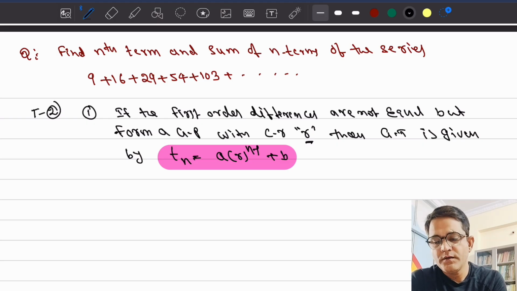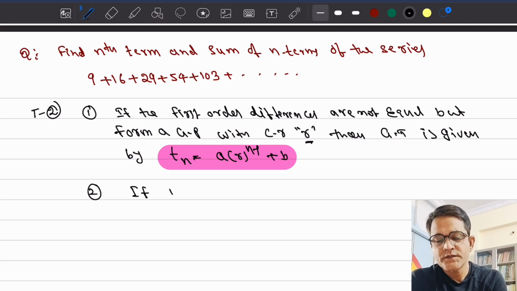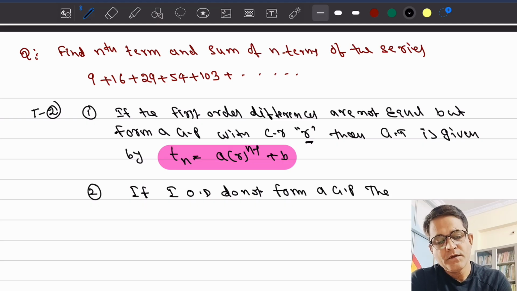Next, second point. If the first order differences do not form a GP, then calculate second order differences.